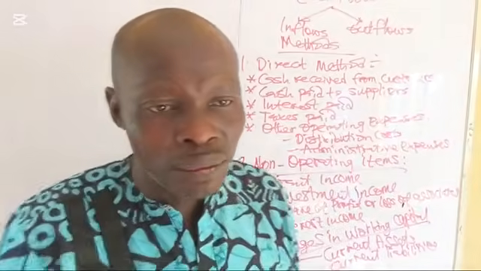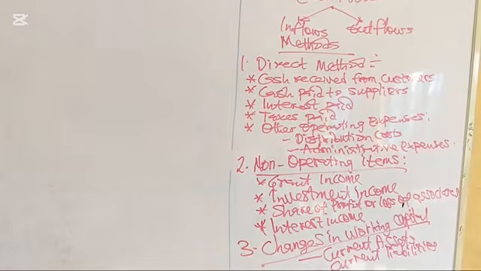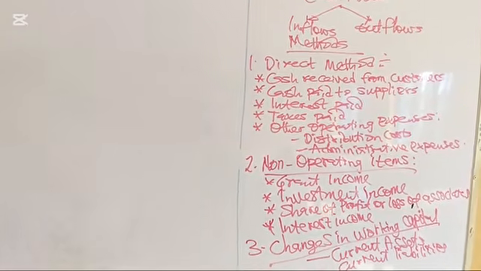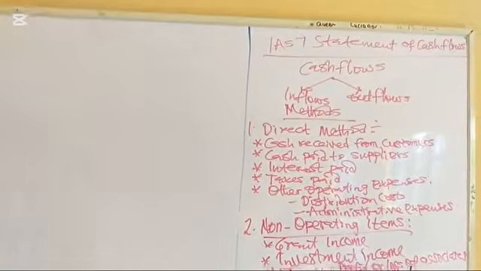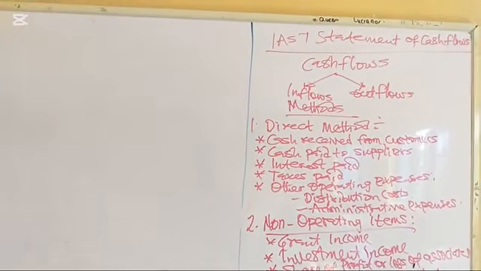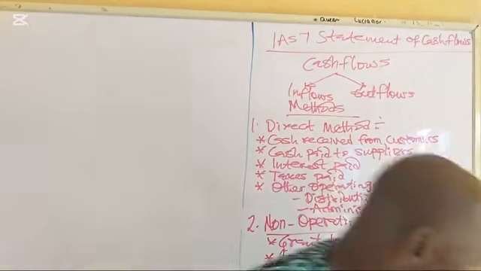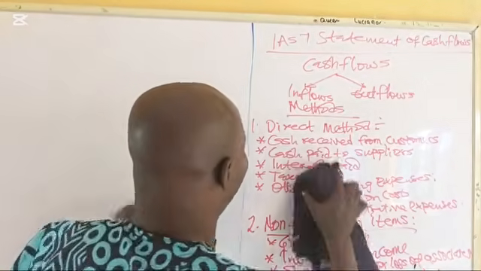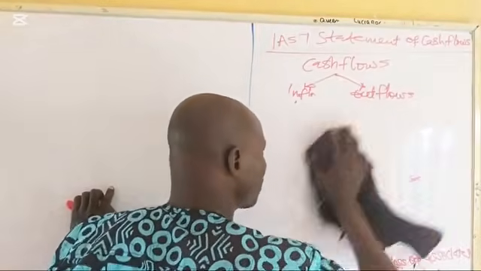Having examined the 2 methods of preparing statement of cash flows, what are the headings under which your cash flow statement can be prepared? We have 3 major headings under which your statement of cash flows can be prepared.